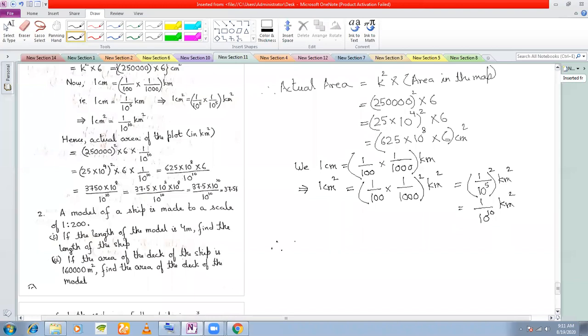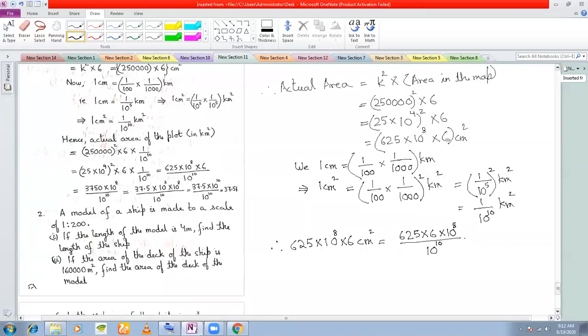Therefore, 625 into 10 to the power of 8 into 6 centimeter square is equal to 625 into 6 into 10 to the power of 8 divided by 10 to the power of 10.